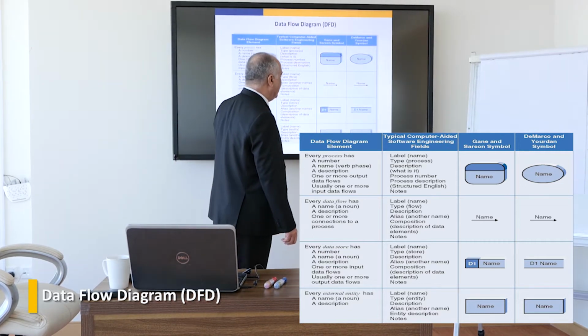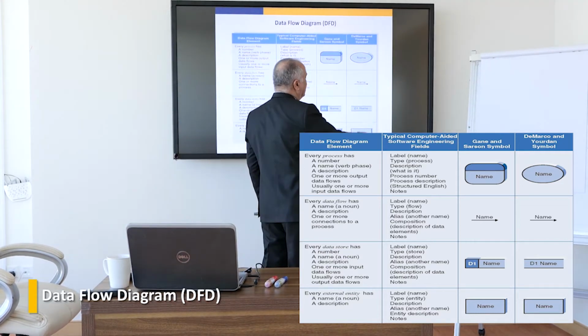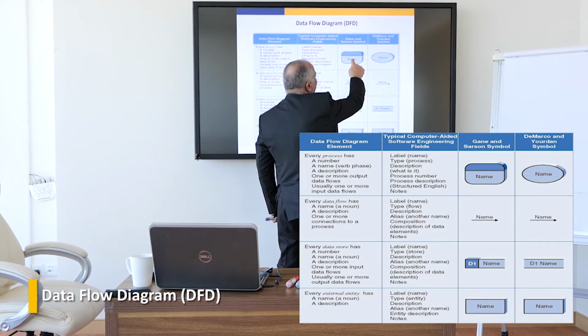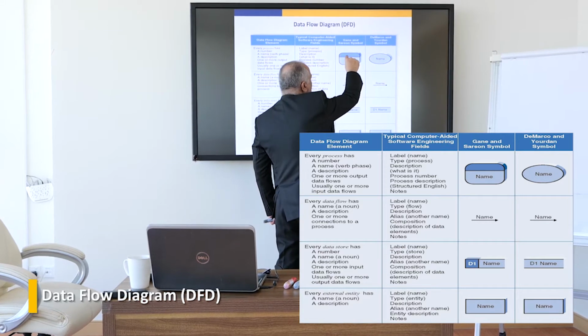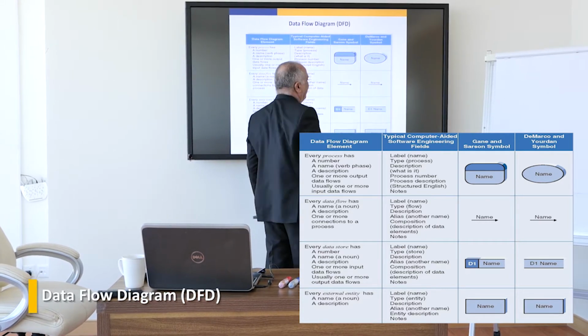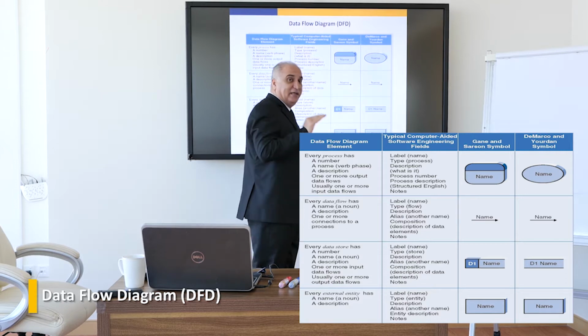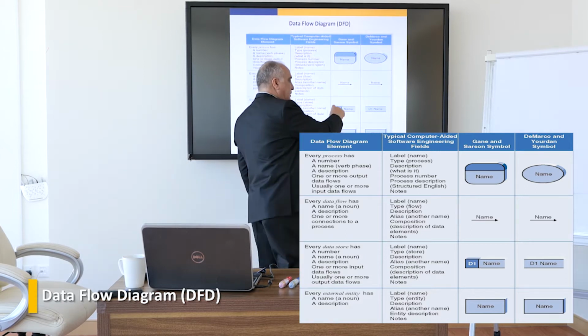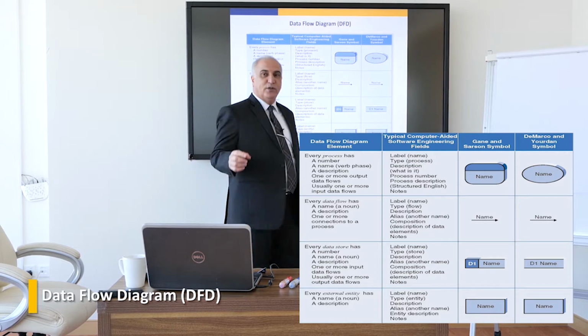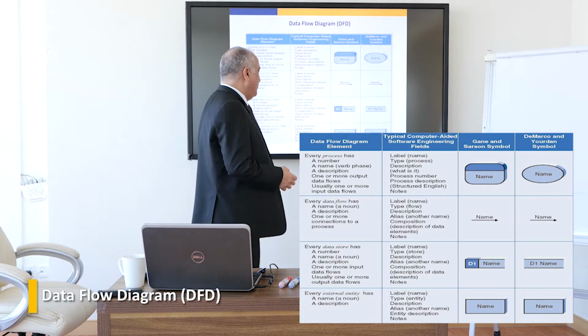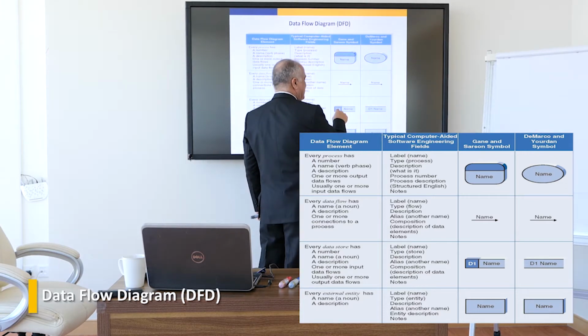Now, when we look at this, there is a uniqueness to it. Here in this process, you have the process name, and usually you also have the number of the process. Here you have the directions of the data flowing, and here you have what we call the storage file name. In this case, this is D1.